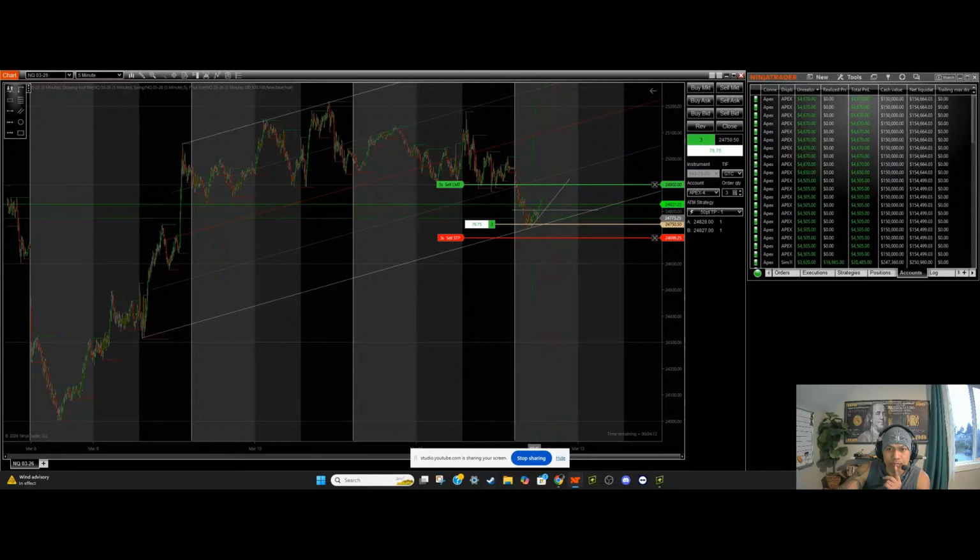So we want to stay above this trend channel here. This channel needs to stay strong. If we get to the other side of that, your probability of continuing gets lower. At least that's my thesis. Let's see.